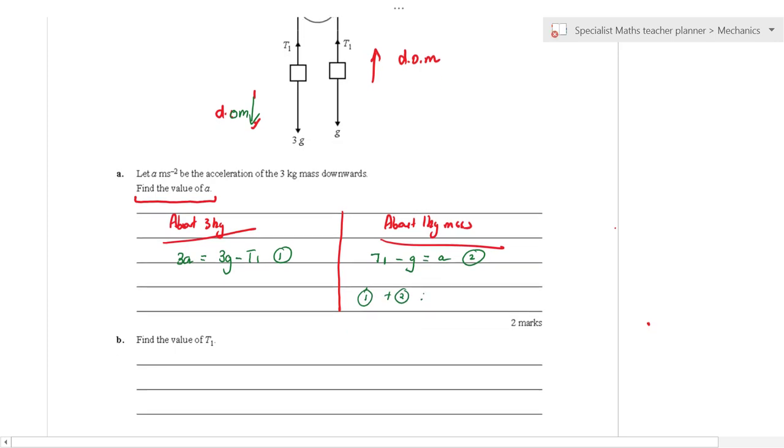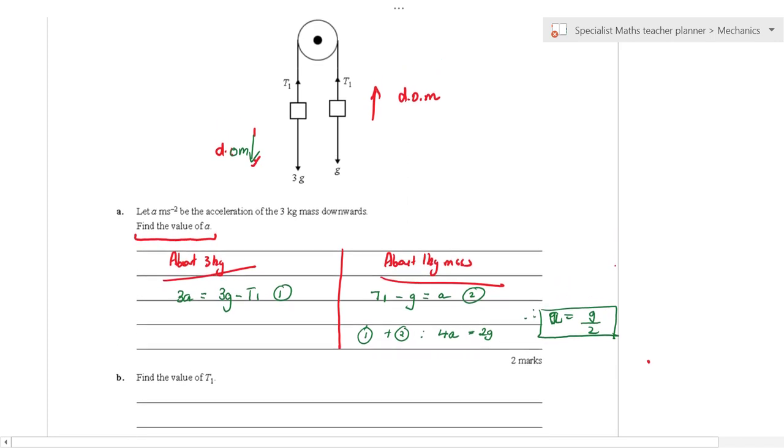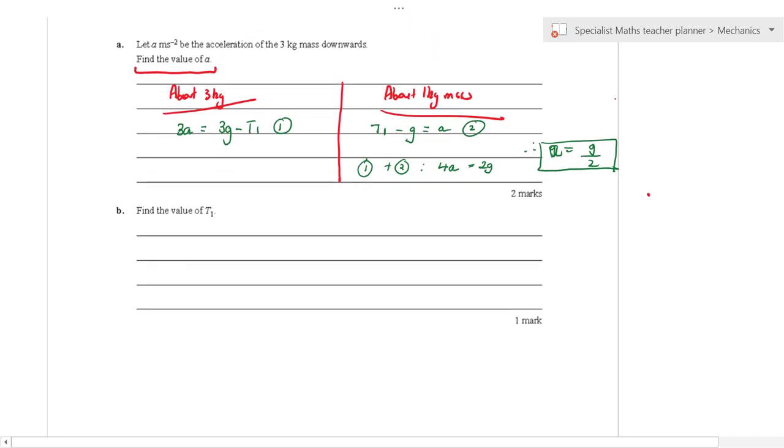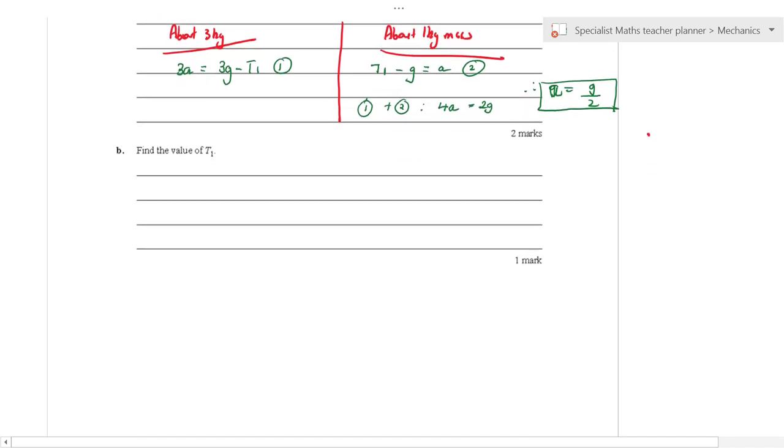That's going to give us 4a is equal to 2g. So therefore your answer is a is equal to g on 2. Stop. You can leave everything in terms of g, okay? Unless asked otherwise. So stop. I'm sure if you did your timer, that wouldn't have taken long.